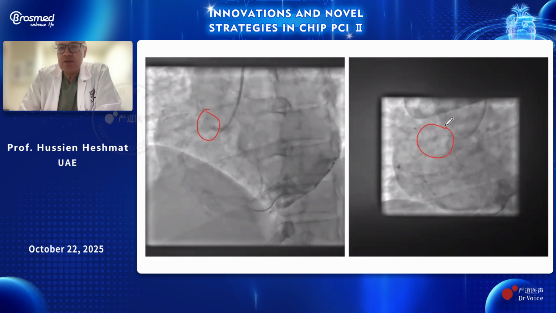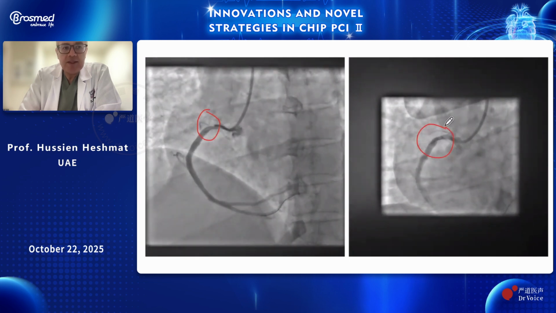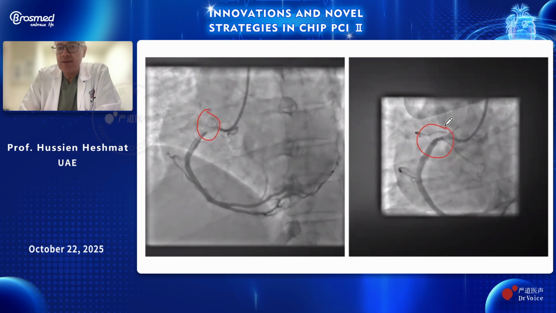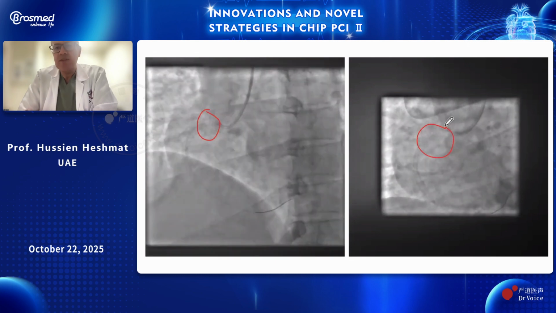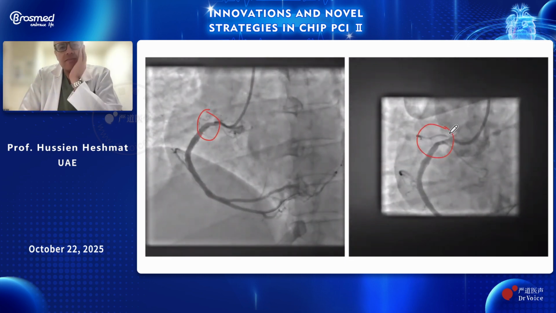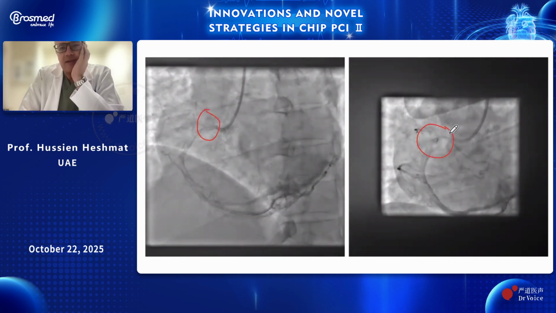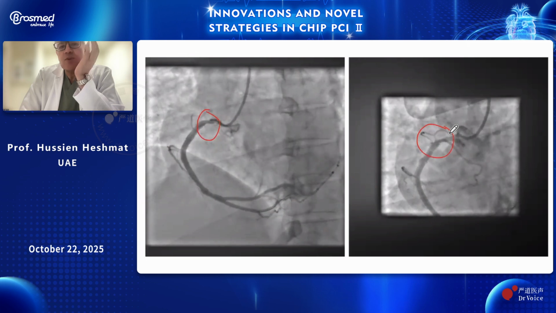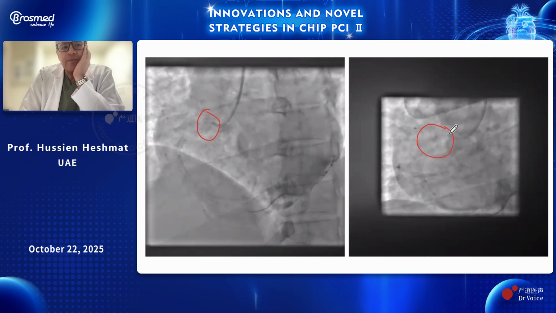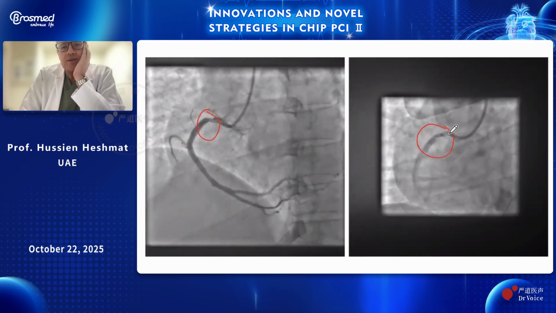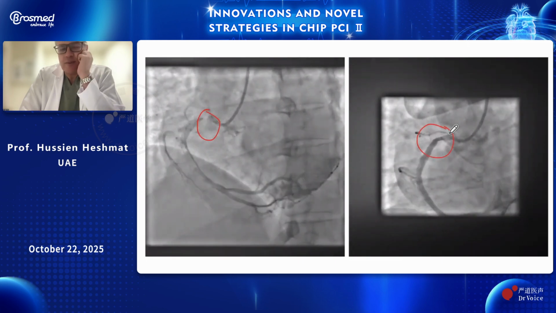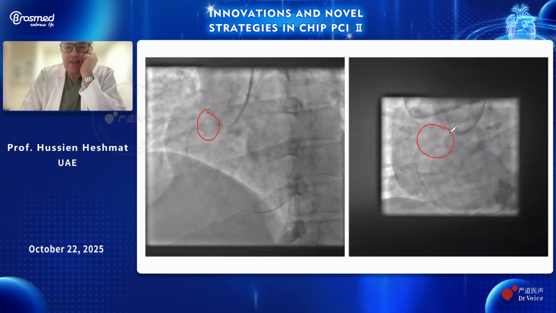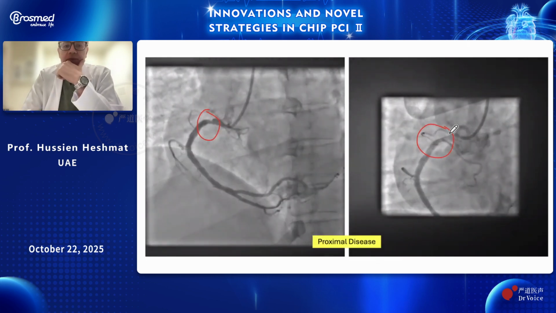We made sure that it was not a spasm by disengaging the guiding catheter, and after injection of nitroglycerin, we discovered this significant narrowing in the proximal RCA. And as shown by one of the previous speakers, the proximal RCA near the ostium is one of the notorious situations where you get instant restenosis that is difficult to treat.